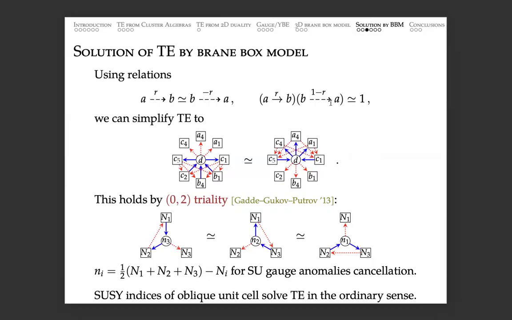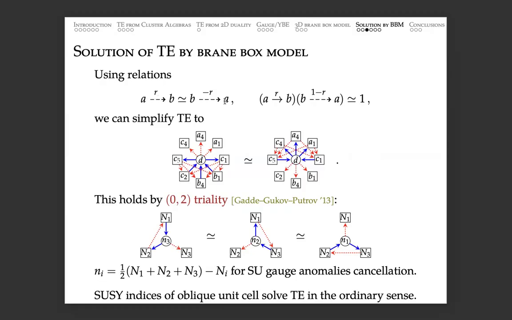So you can cancel these 2 arrows. And there's a general property of 2-dimensional (0,2) models, which says that the direction of the Fermi multiplet, the dash arrow, can be reversed.